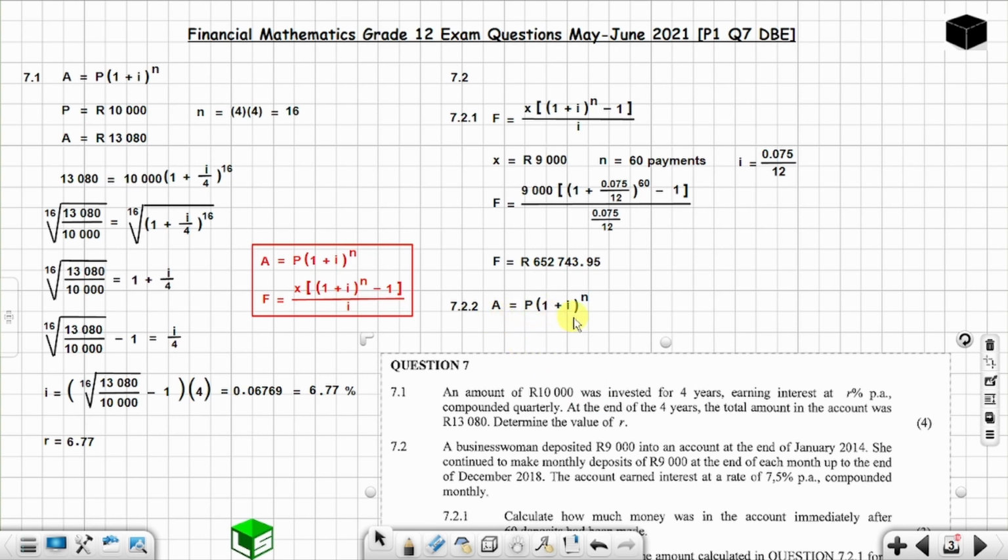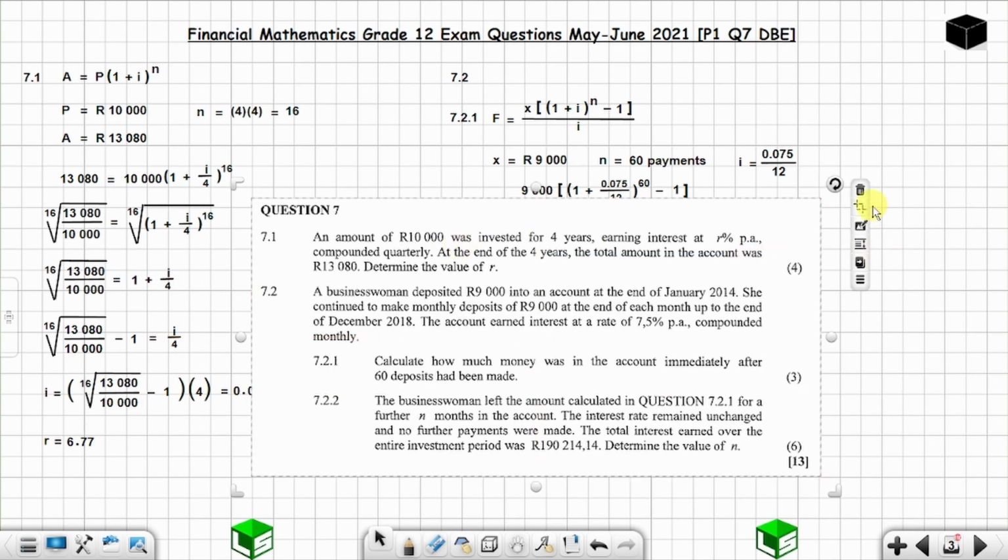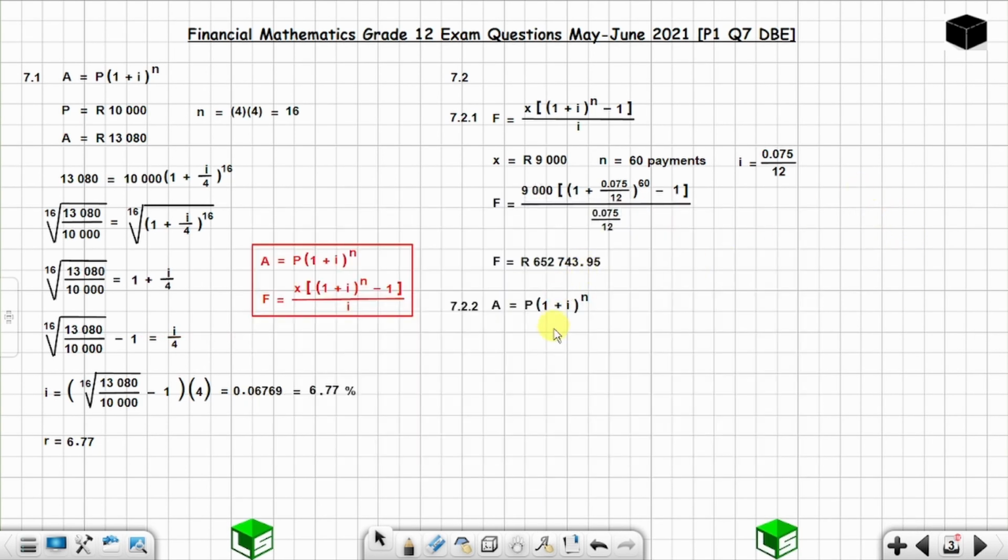So P is equal to this. No further payment is made, so we have to get A. We have P. What is A equal to? When you read the question, what is A equal to?